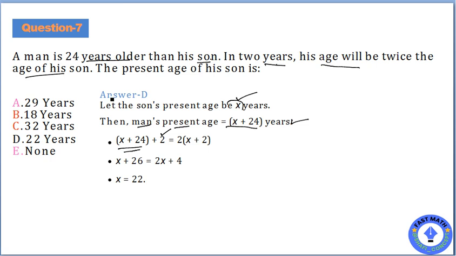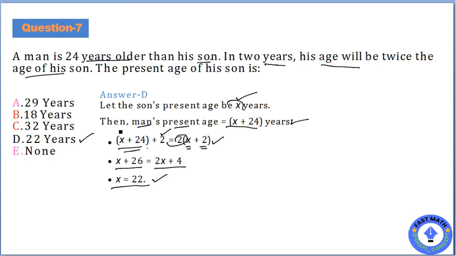Twice means 2 times the age of the son, that means 2 into (x plus 2). Why? Because x is already considered as the present age, and after 2 years, that's why it is x plus 2. That formula becomes x plus 24 plus 2 is equal to 2 into (x plus 2). That is x plus 26 equivalent to 2x plus 4, and x is 22. The problem answer is D.